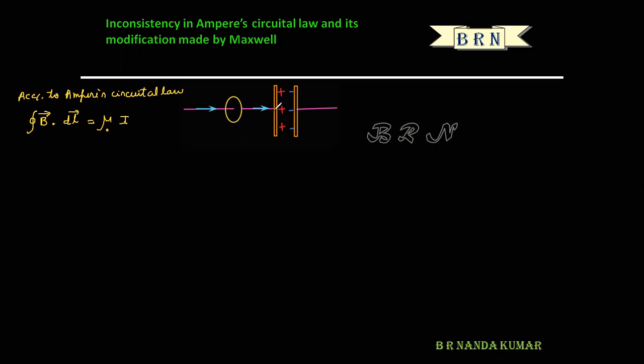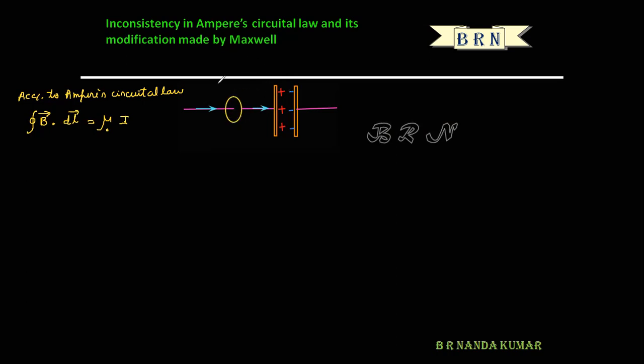A capacitor is a device used for storing electric charge, right? So this is a part of the electrical circuit. This is the capacitor, and this is the Amperian loop.